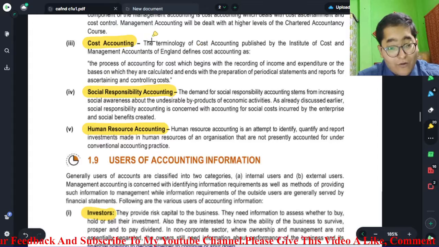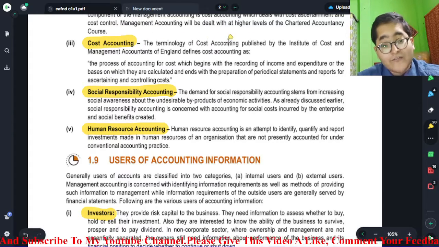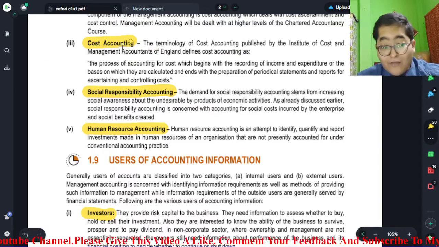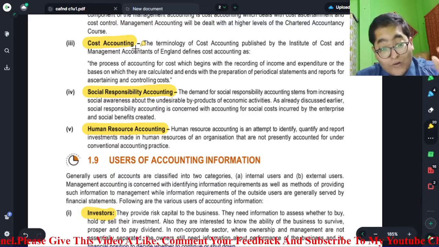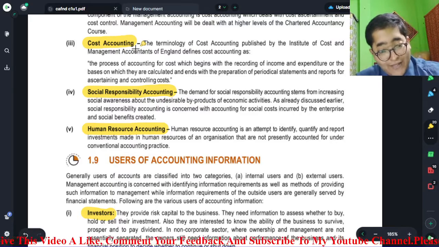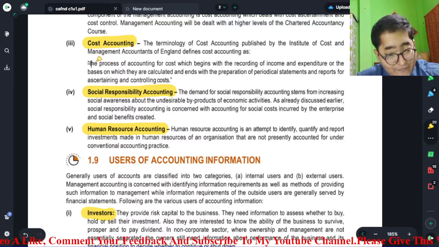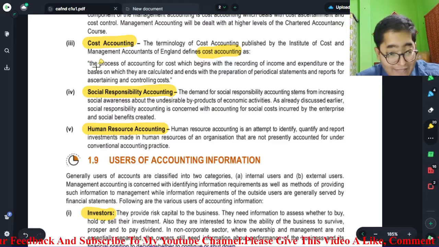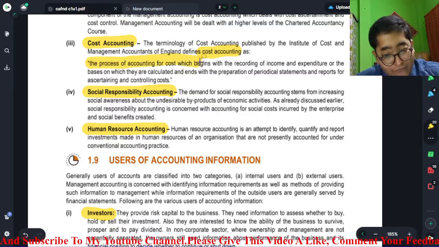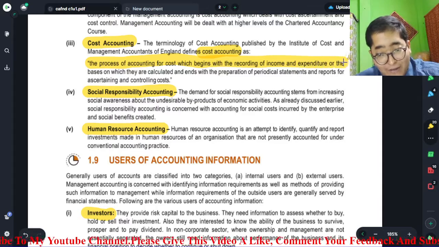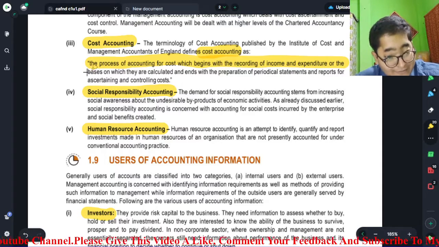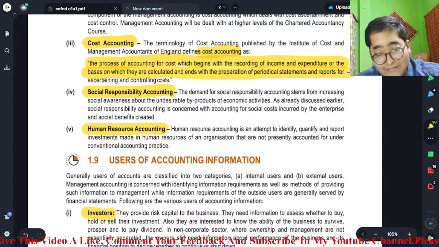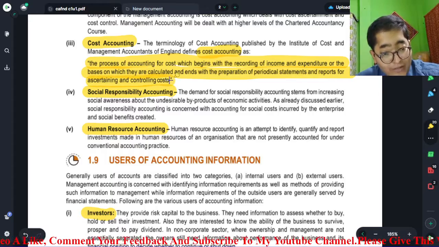Cost accounting. The terminology of cost accounting, published by the Institute of Cost and Management Accountants, defines cost accounting as follows. This is important. Cost accounting is the process of accounting for costs, which begins with recording of income and expenditure on the basis of which they are calculated, and ends with the preparation of periodical statements and reports for ascertaining and controlling costs.